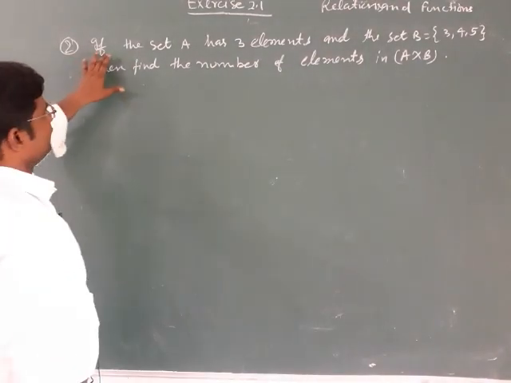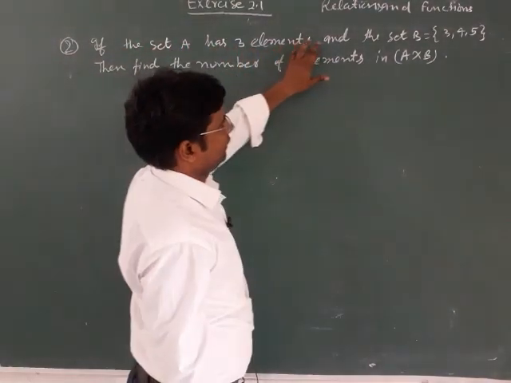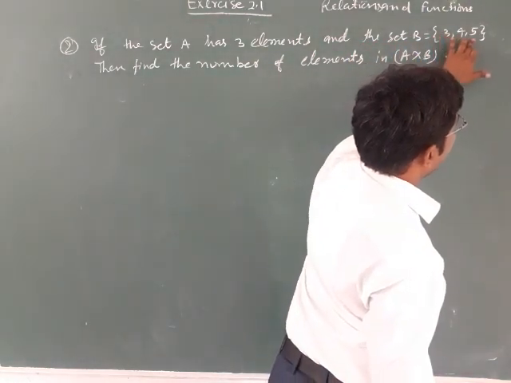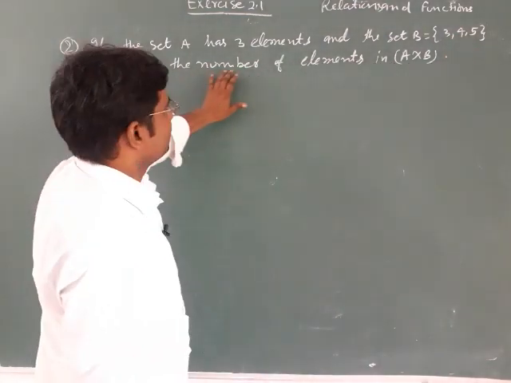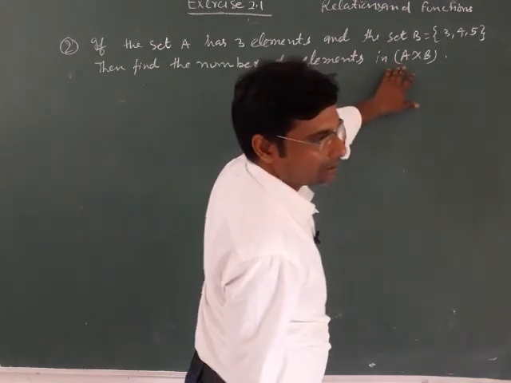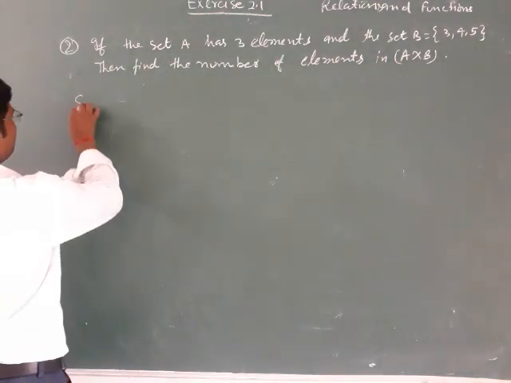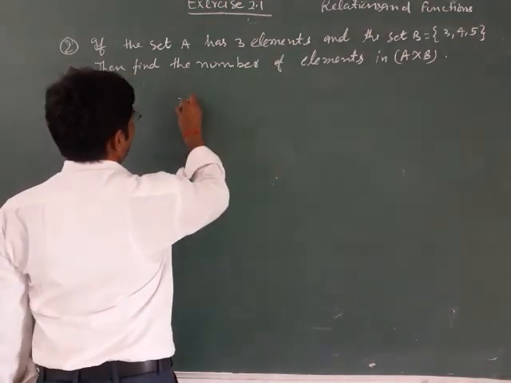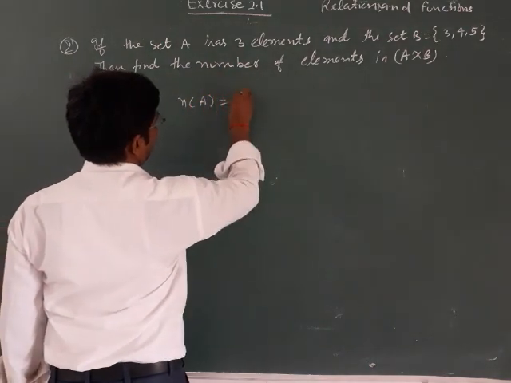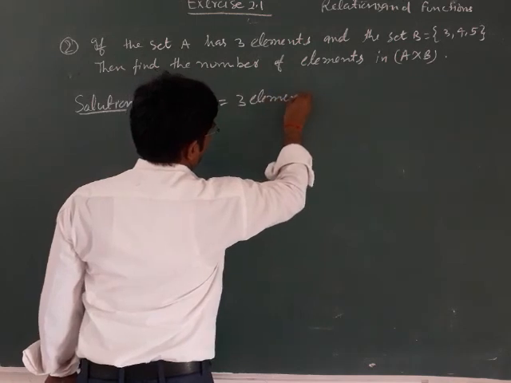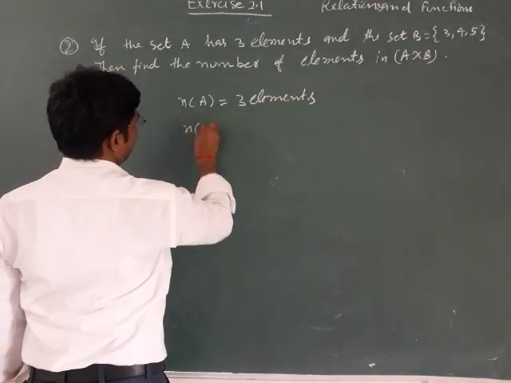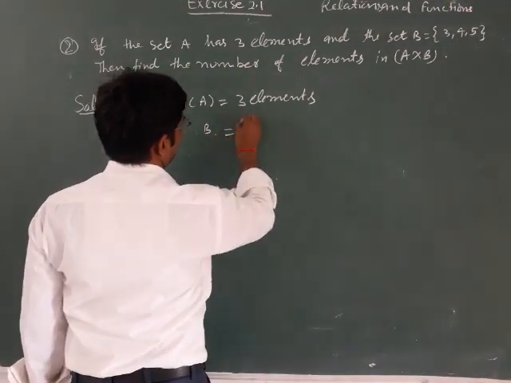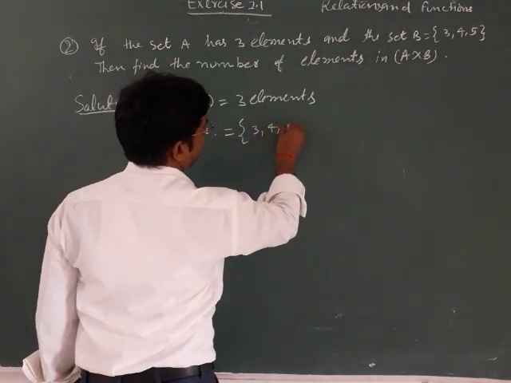Question number 2. If the set A has 3 elements and the set B is equal to {3, 4, 5}, then find the number of elements in A cross B. Solution: given, set A has 3 elements and set B has elements 3, 4, 5.